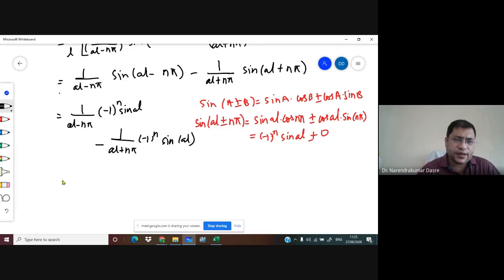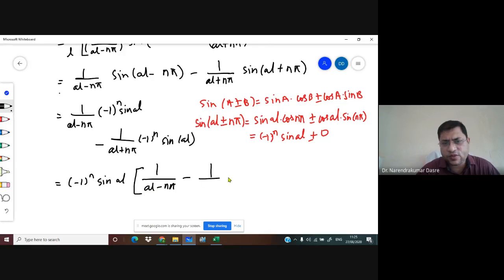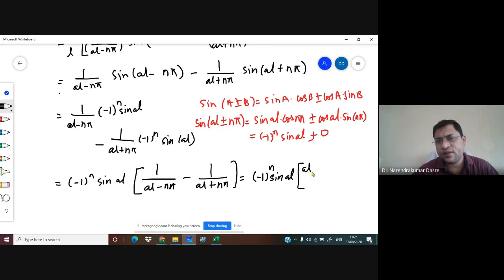So this is going to be common again, and hence we have minus 1 raised to n sine of AL, 1 upon AL minus n pi minus 1 upon AL plus n pi. So minus 1 raised to n sine of AL, and now here we have AL plus n pi minus AL plus n pi, and upon this will become a square L square minus n square pi square.